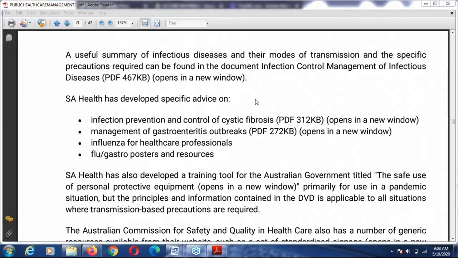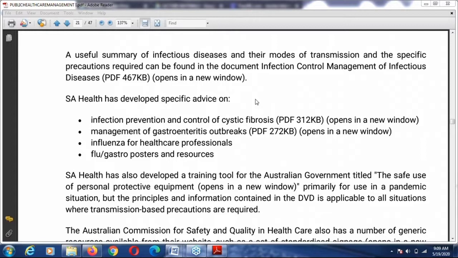So I want you to have this as a subheading under that chapter: basic measures to prevent transmission of infectious diseases. This is the subtopic under that chapter.